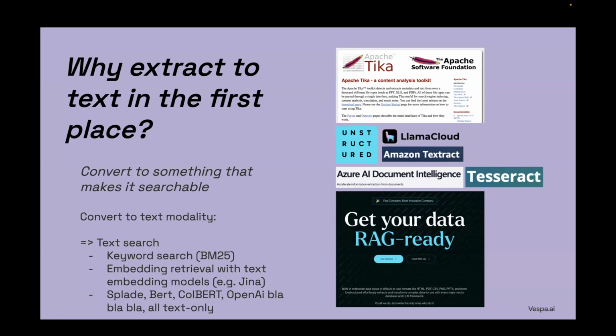But if you are lucky enough to extract the text, then you can index it and make it searchable using a traditional text search approach, keyword search. You can also do embedding retrieval, hybrid search, semantic search, or use SPLADE, BERT, ColBERT, and so on. All of these work on text only, and they work on the text that you're lucky enough to have extracted.